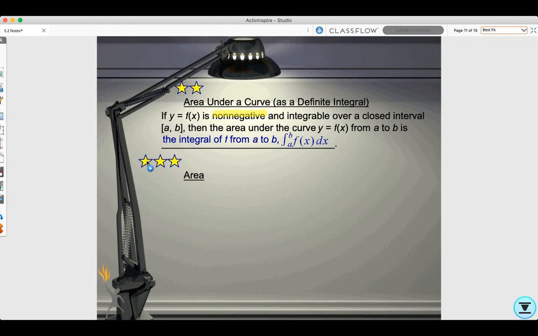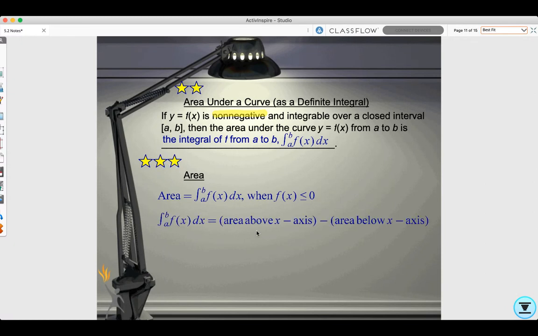However, when f of x is less than or equal to 0, the integral is the area above the x-axis minus the area below the x-axis, because the area below the x-axis has a negative value. So if you are asked to find the area, you need to take the area above the x-axis minus the area below the x-axis.